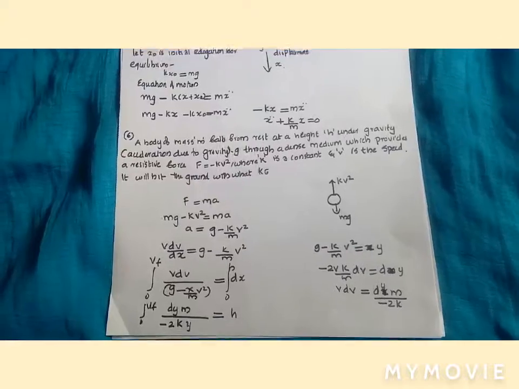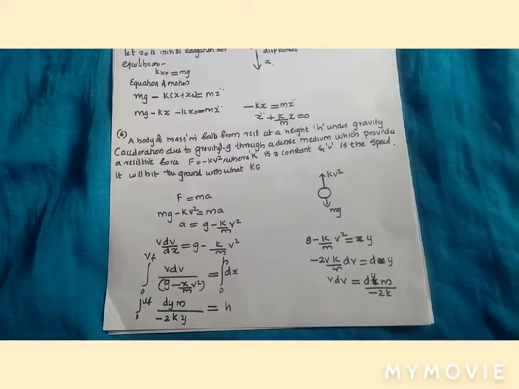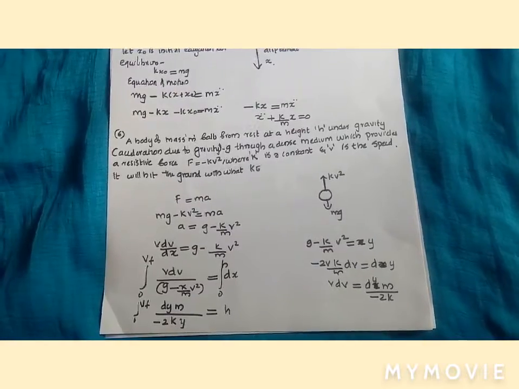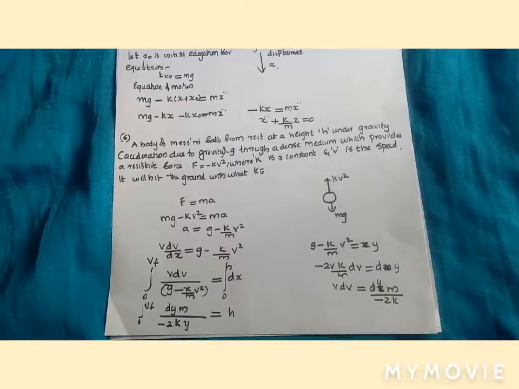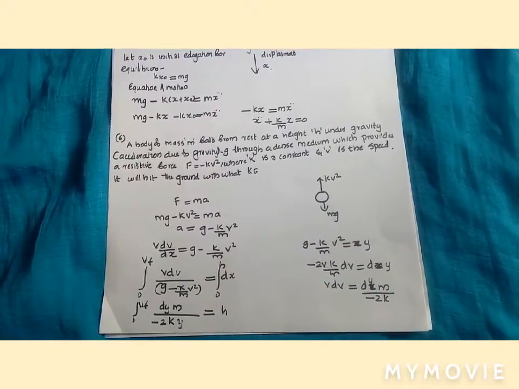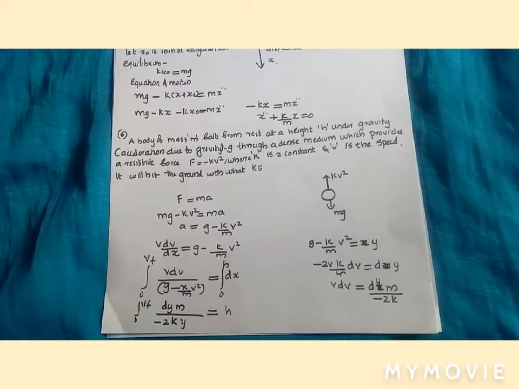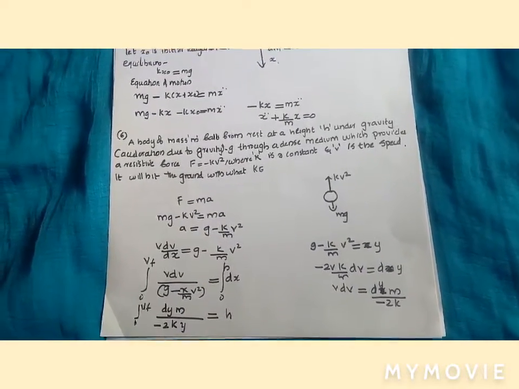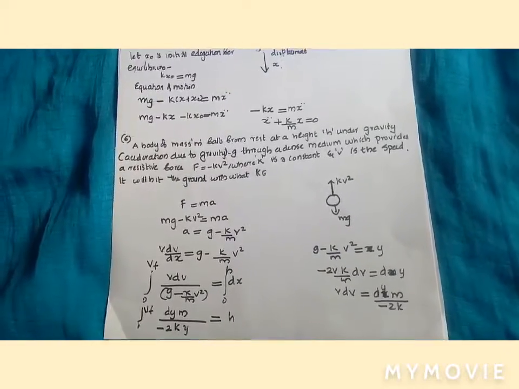So we know that F is equal to ma, in which the force acting on a body which falls from a height h means there is a resistive force which is opposite to the displacement, that is kv square, which is directed upward, and the weight which is directed downward.